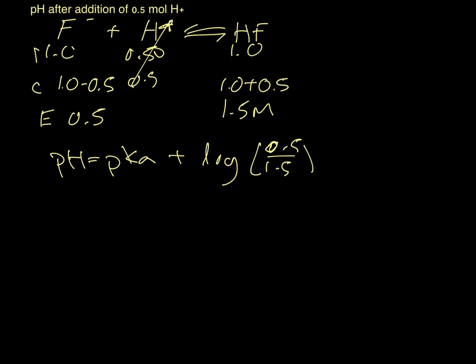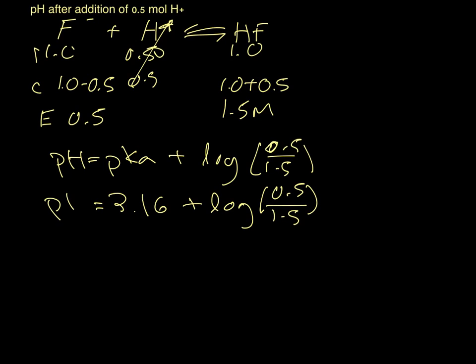We have 3.16 plus log 0.5 over 1.5 is what our pH equals. So our pH for this step is going to equal 2.68.